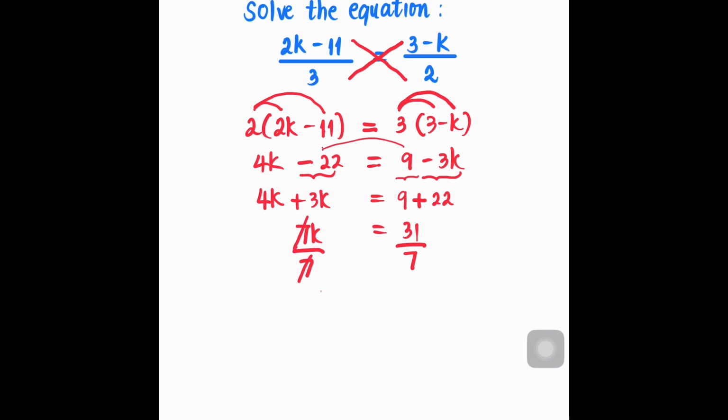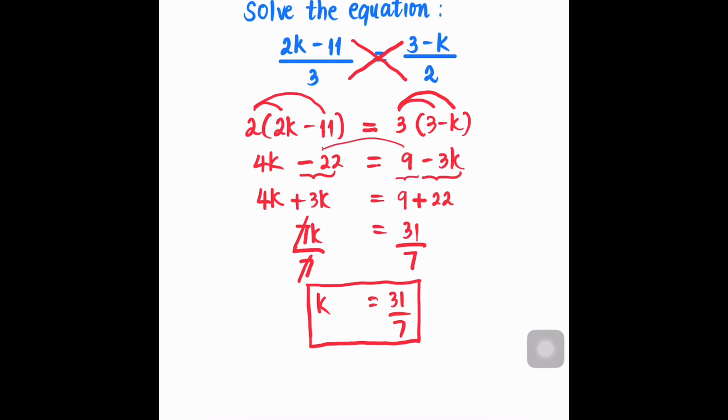So 1k is k equals 31 over 7. And 31 divided by 7 is not going to give us an exact answer. So it depends on the instructions. You can write your answer as a decimal or mixed number if you want. But I would suggest 31 over 7 is already it. You can leave your answer as an improper fraction like this.